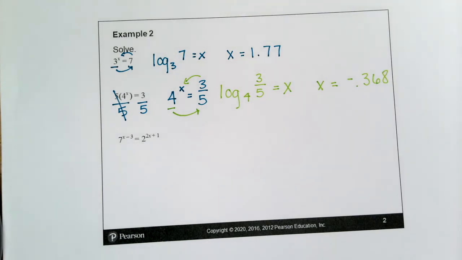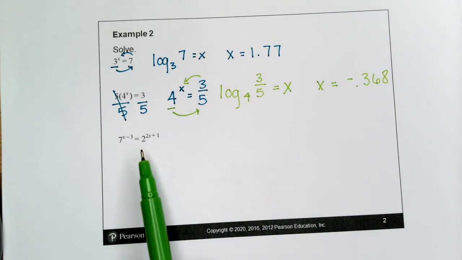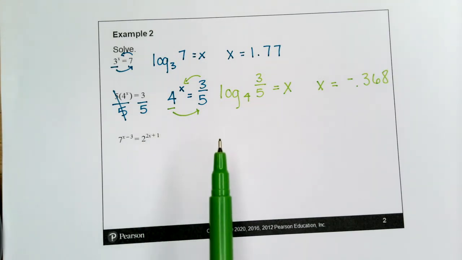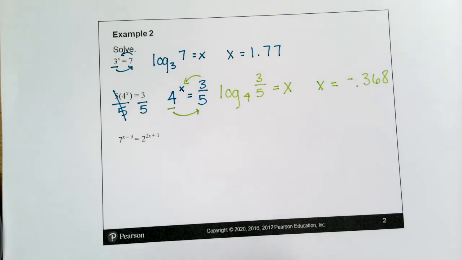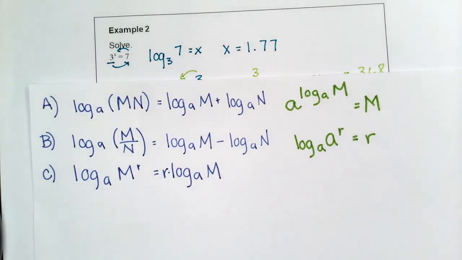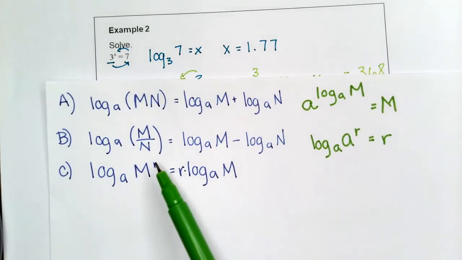This one looks difficult. So I cannot, right? Because I have x's in the exponents on both sides. So what can I do? What rule can I use? Here are my rules, remember? The only rule that looks helpful right now is this one, right?